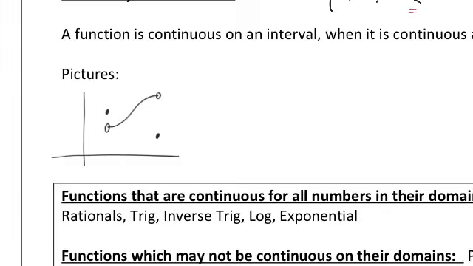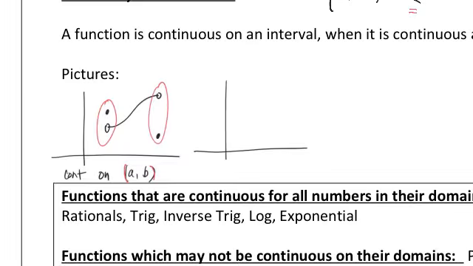So you can look at this first picture and realize that in this case, f of x is continuous on the interval, we would say (a, b). I've put parentheses on here because we're not continuous over here and over here. You can clearly see there are 2 holes there. Let's take a look at another picture.